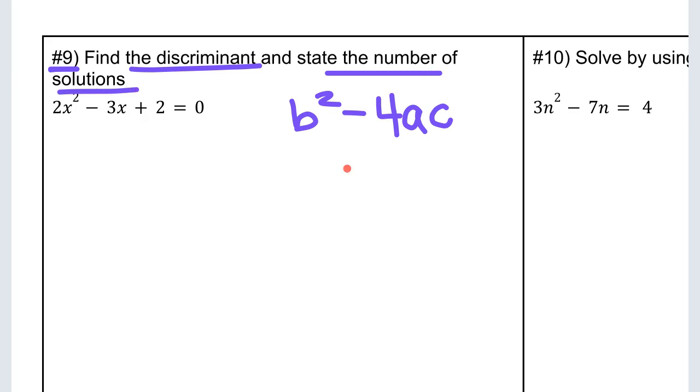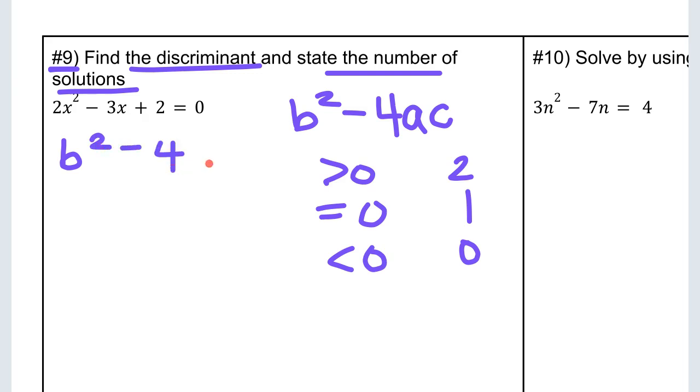Remember, if it's greater than 0, there are 2 real solutions; equal to 0, there's 1 real solution that appears twice; and less than 0 is 0 real solutions, which means 2 imaginary solutions. Go ahead and find the discriminant for this equation here.